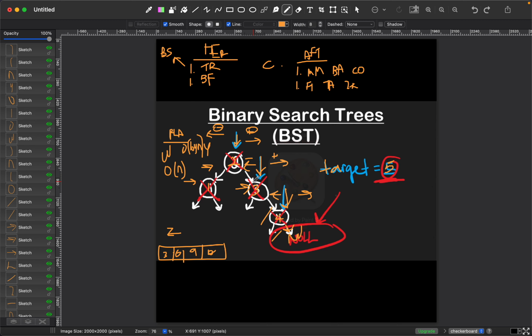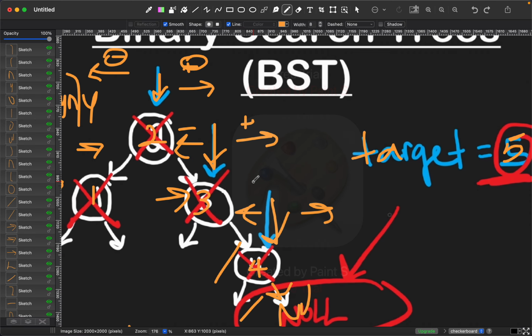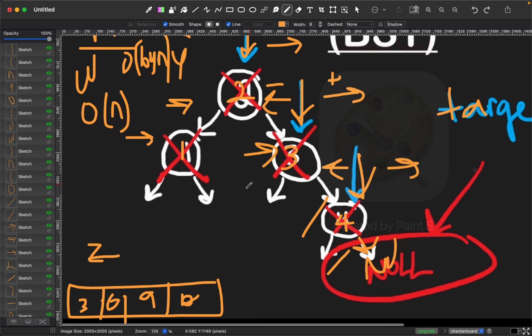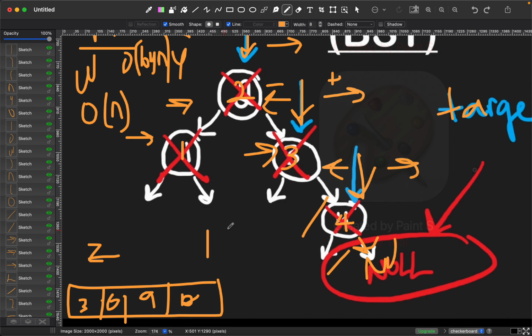But they do talk about what if the tree, because this tree is called balanced, in the sense that the difference between here and here is at most 0 or 1. I don't know the exact terminology, but if the difference is at most 1, it's fine. It's called a balanced tree.